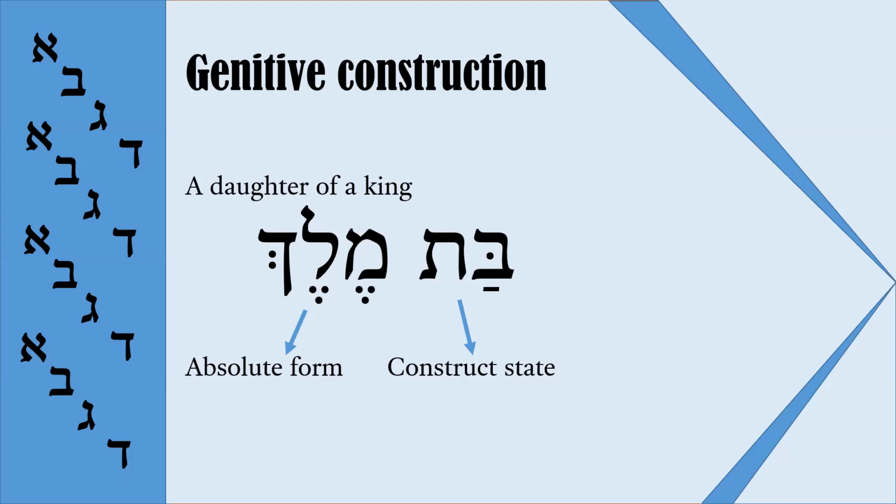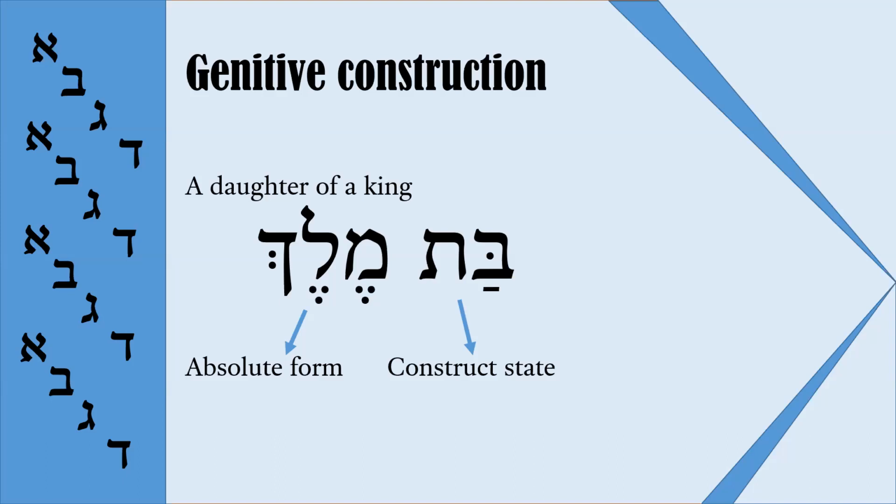And in order to make it work like this, one word is added to another word. And when those 2 words are joined together, the first word should stand in the construct state.